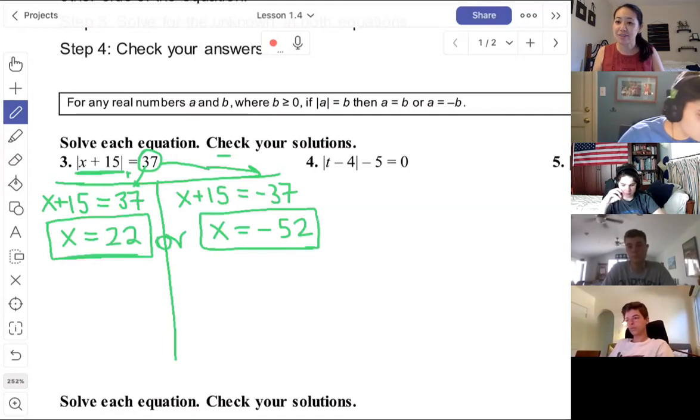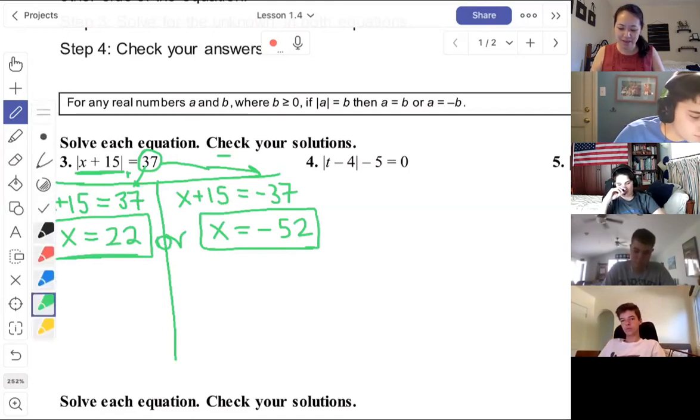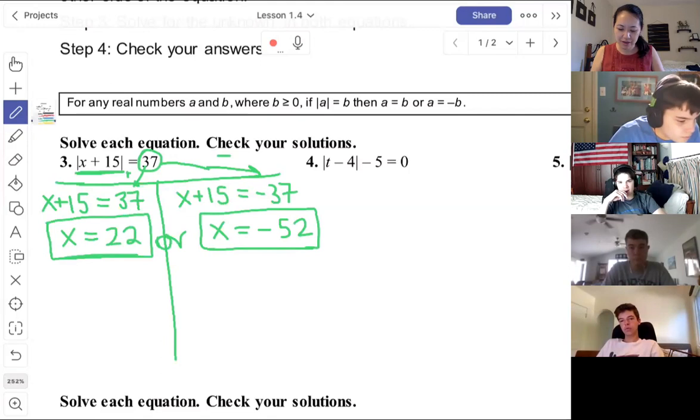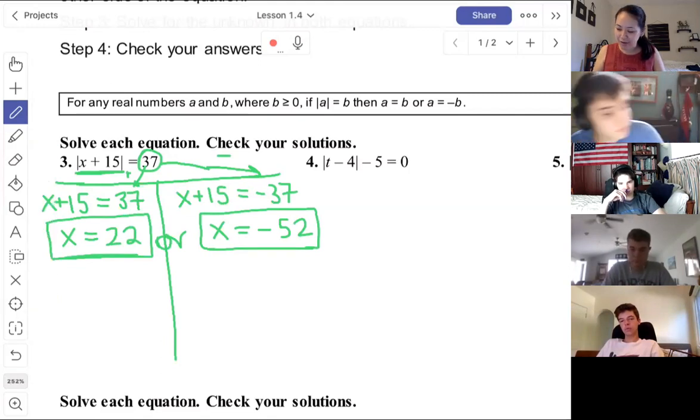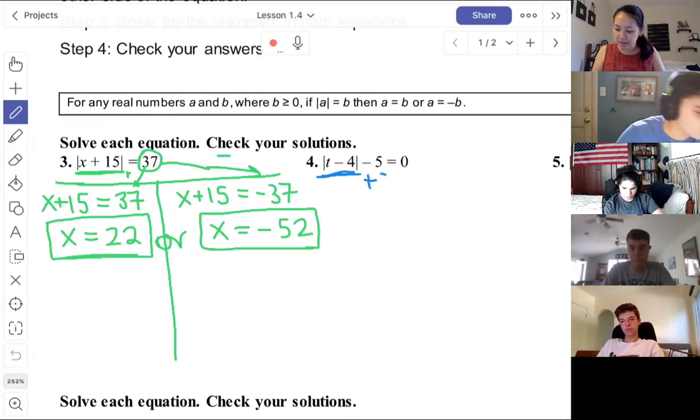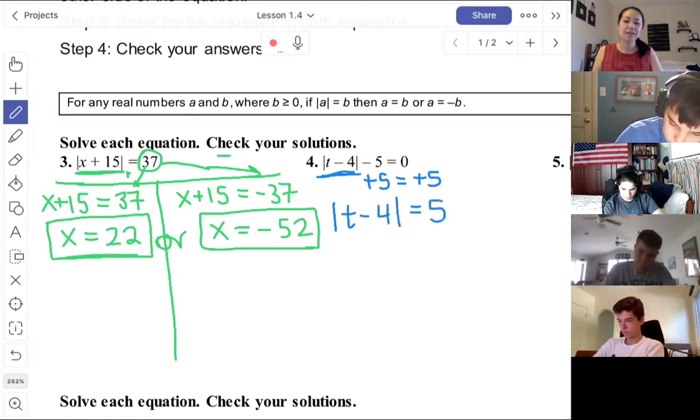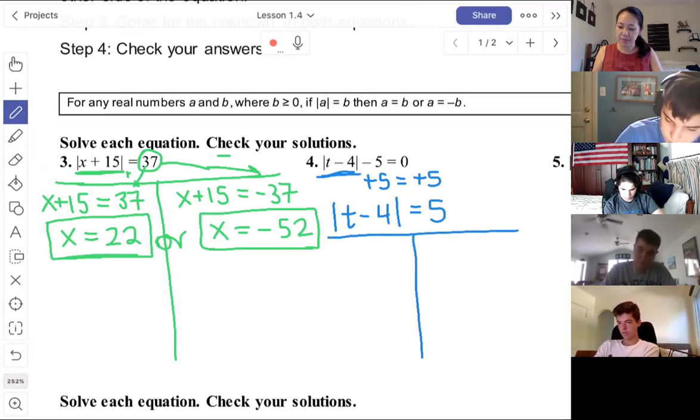All right, so that's number 3. Okay, number 4. I'm going to isolate my absolute value. So here's my absolute value. So I'm going to add 5 to both sides. And I get absolute value of t minus 4 is equal to 5. Okay, now that it's isolated, I'm going to split this up.